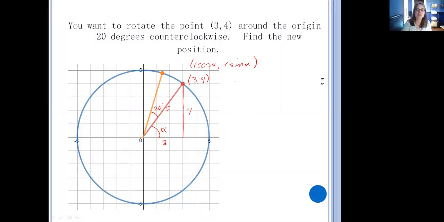So now I can find that angle alpha. Okay. And we'll use the inverse sine of the y-coordinate. Now, it's not just y, it's actually y over r.